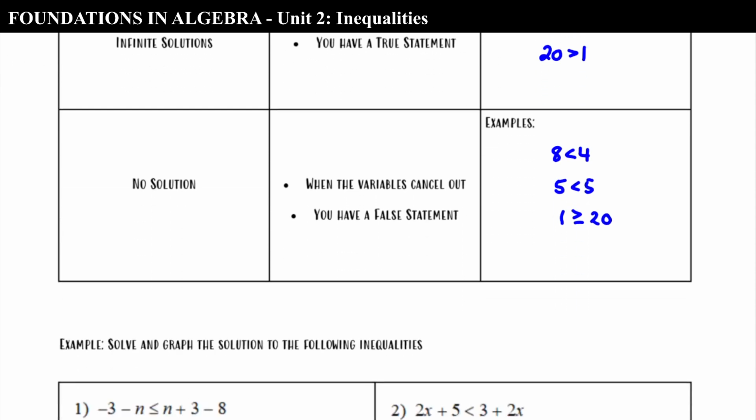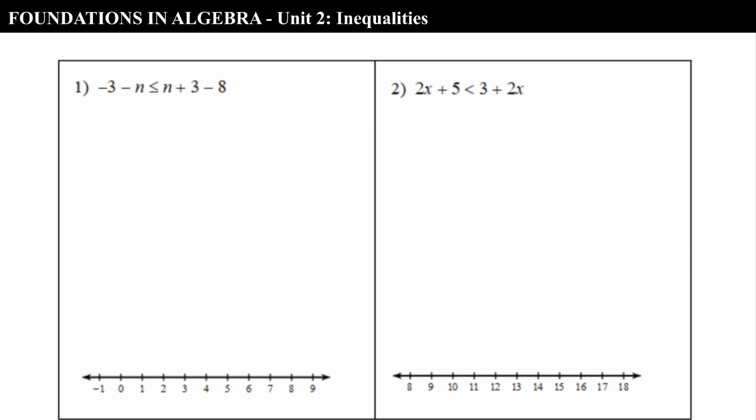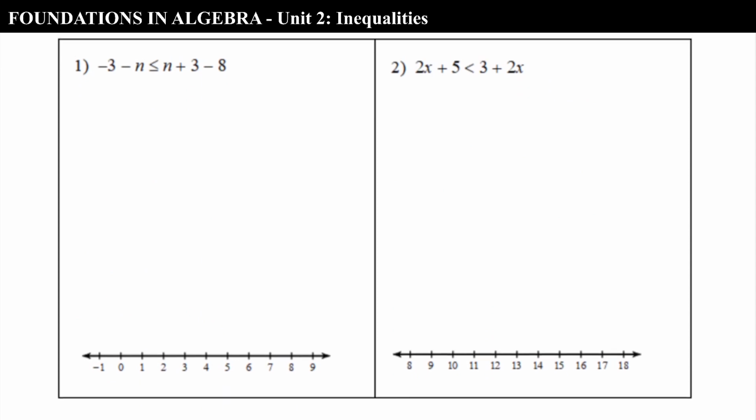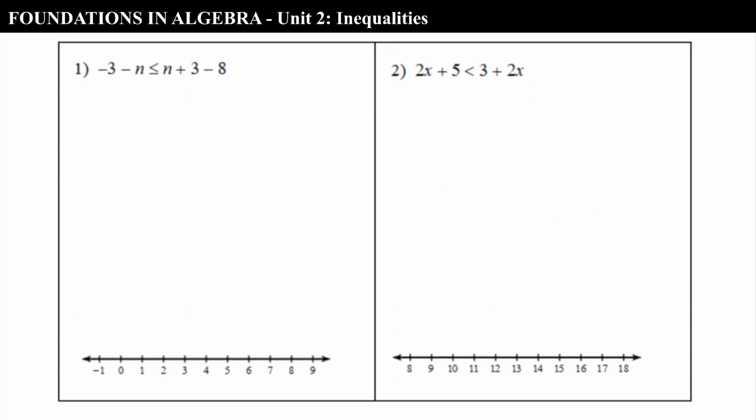So now that we've talked about that, let's take a look at what some of these look like with some examples. So in example 1, let's solve this. First, we have like terms that we need to combine. So we have negative 3 minus n is less than or equal to n minus 5 when we do 3 minus 8.